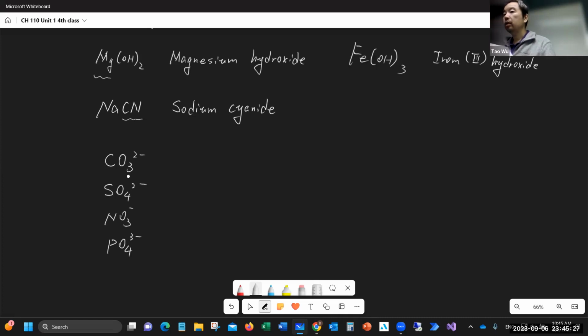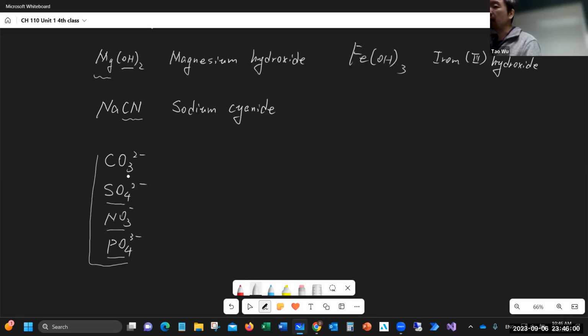And by the way, those are the very common polyatomic ions. I hope you can circle them in your common ion sheet, and also remember them. For example, hydroxide, OH minus. This is called carbonate, CO3 2 minus. That's a sulfate, that's a nitrate, and this is a phosphate.